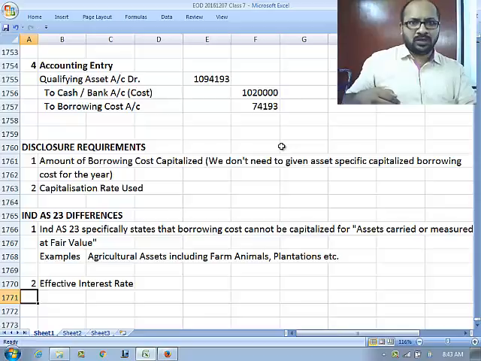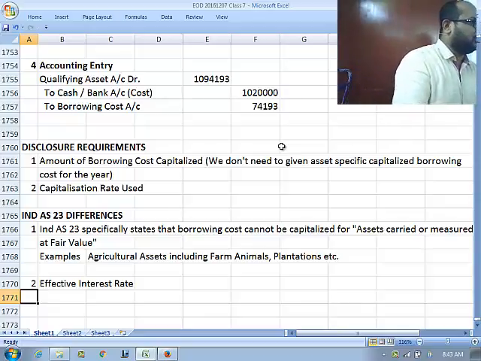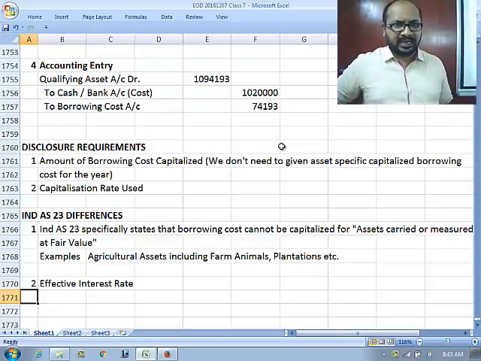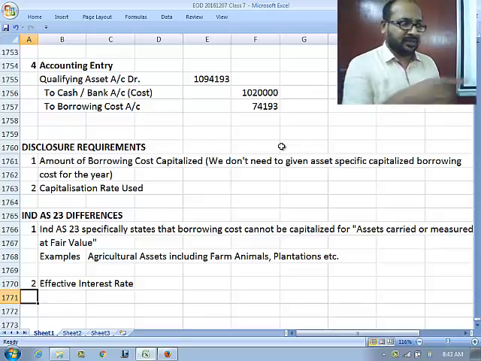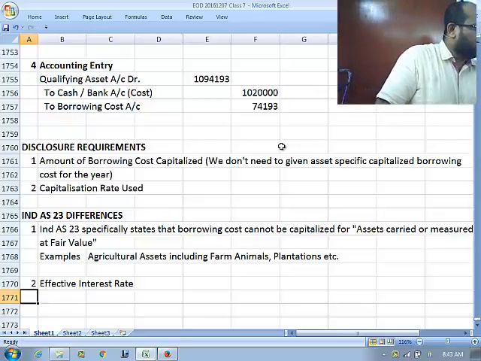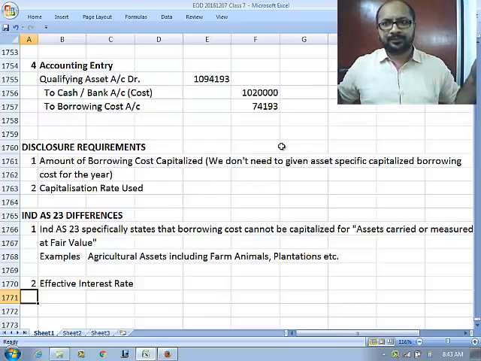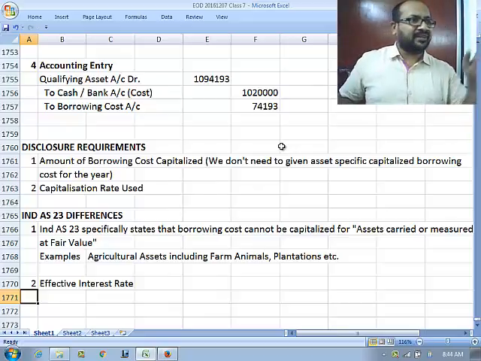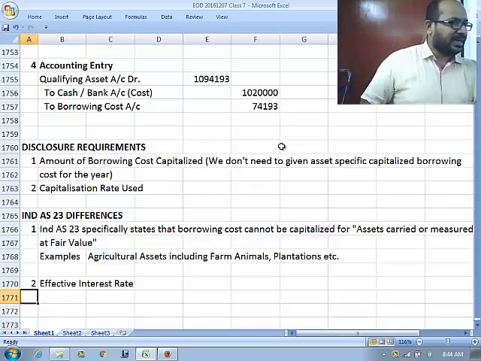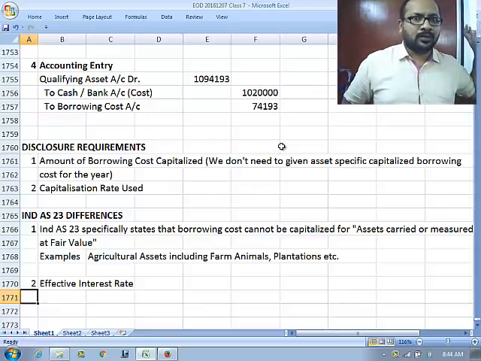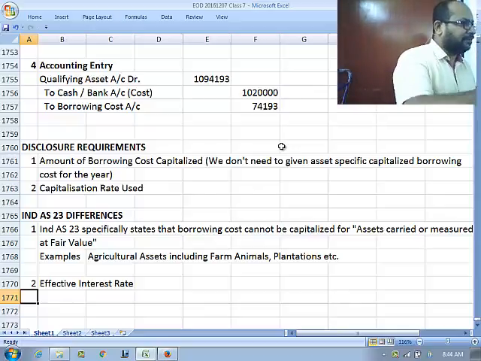Now, whatever we are doing will be replaced by a financial instrument based standard, which will be seen as part of module D, wherein they say, carrying amount of liability itself should be only rupees 90 lakhs. You cannot have that as 110 separately. Show the net 90 only. What's your interest rate? 10%.